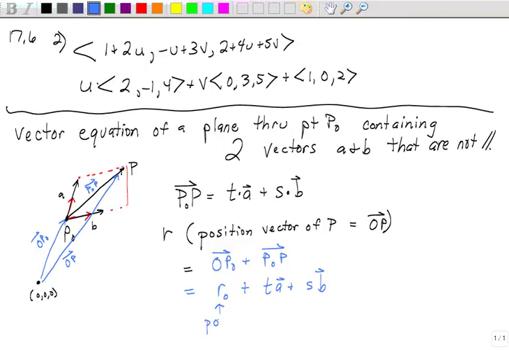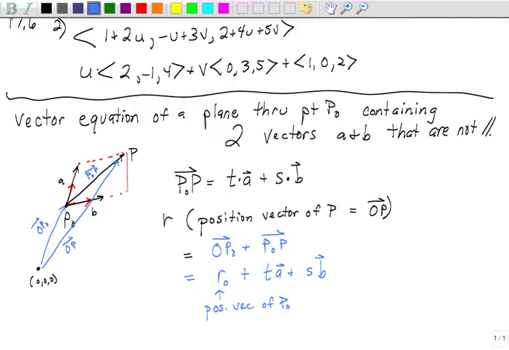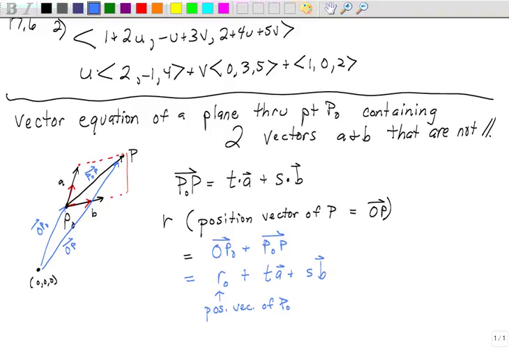That's the position vector of P0. So if you look, that's what we have here. Here we have this being the point, and here we have scalars times two vectors.